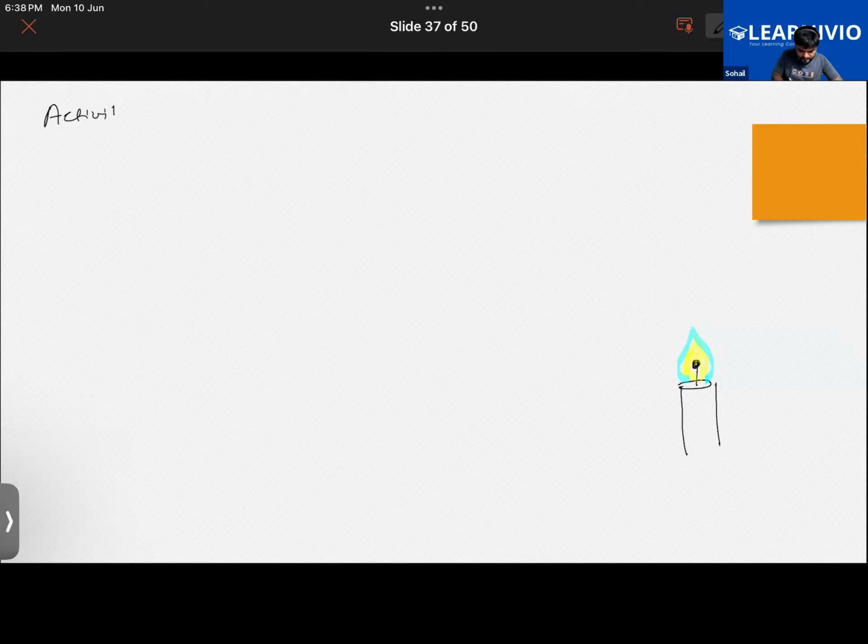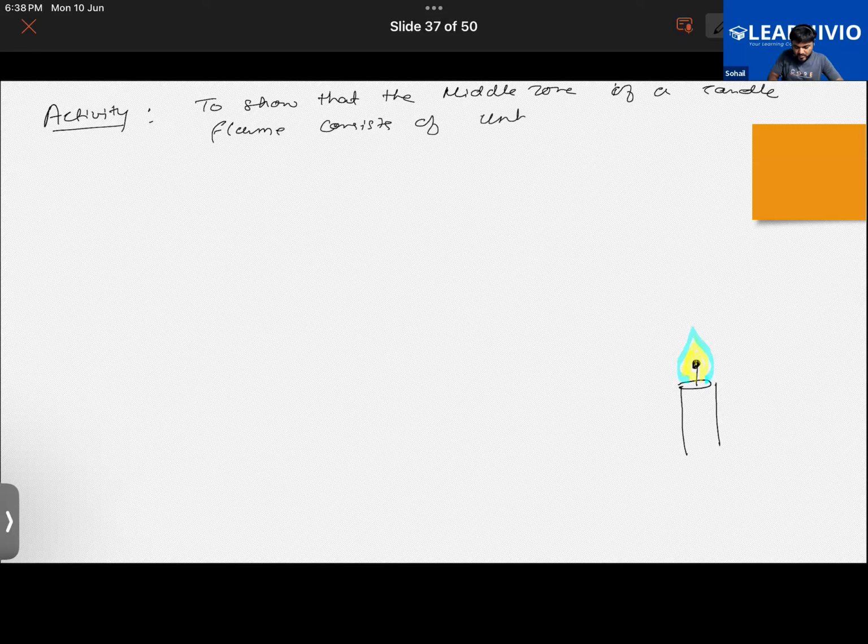Activity: the activity we are doing is to show that the middle zone of a candle flame consists of unburned carbon particles in it. That is our aim.